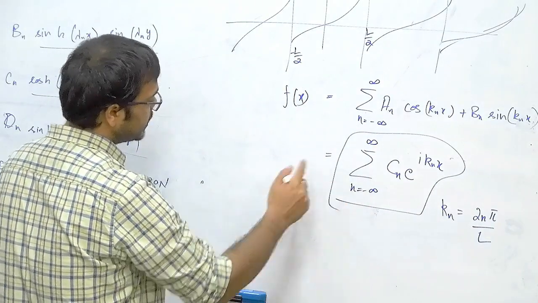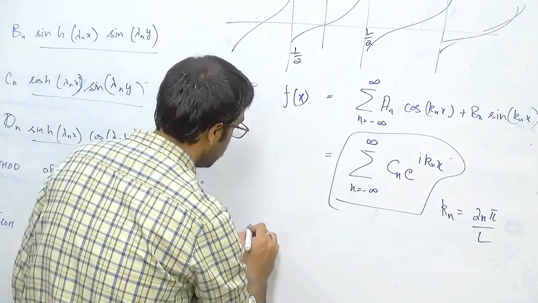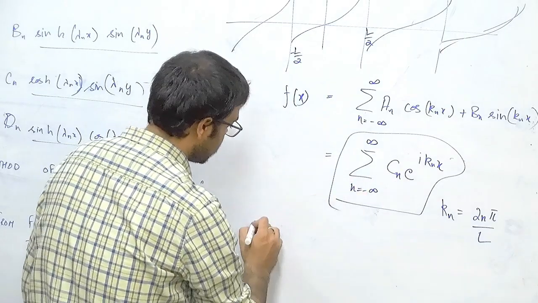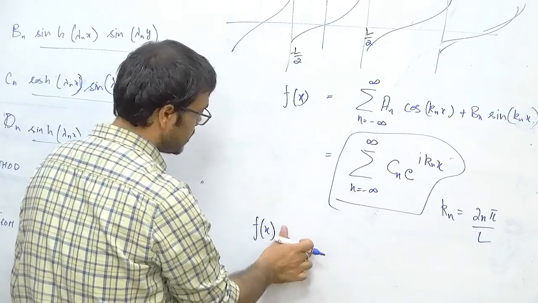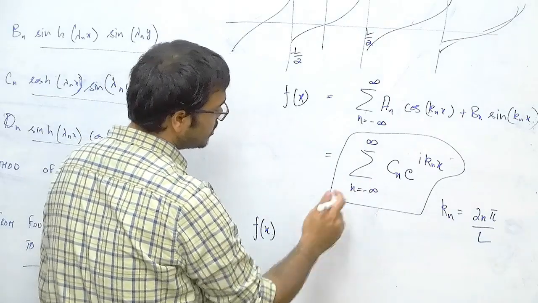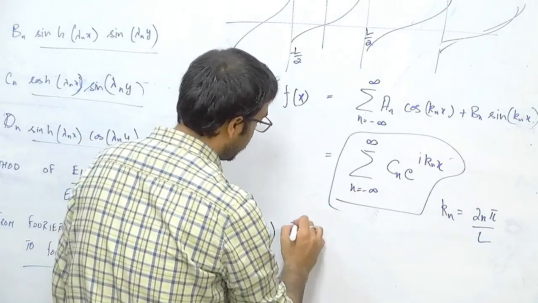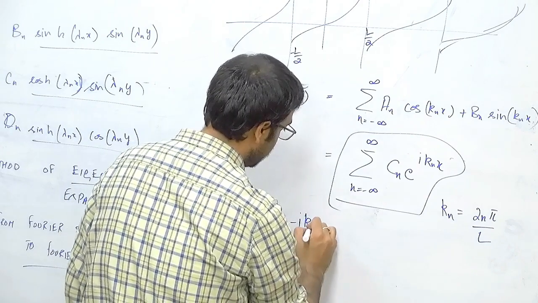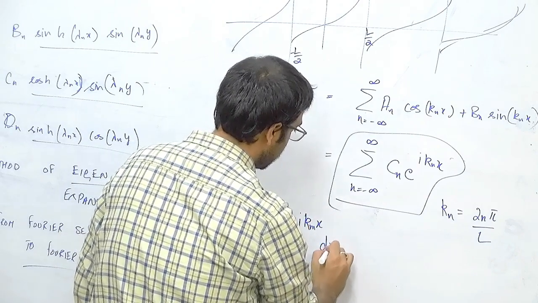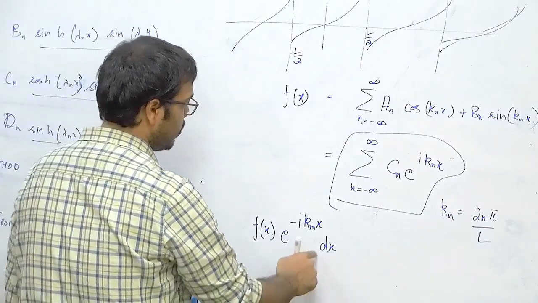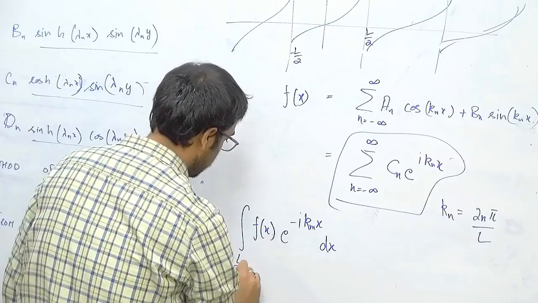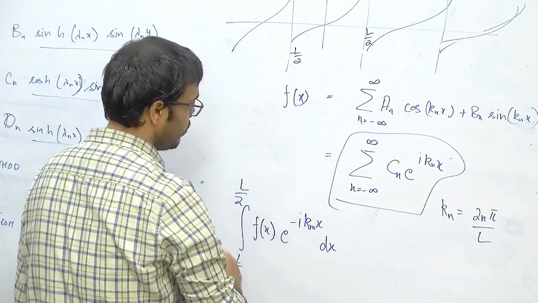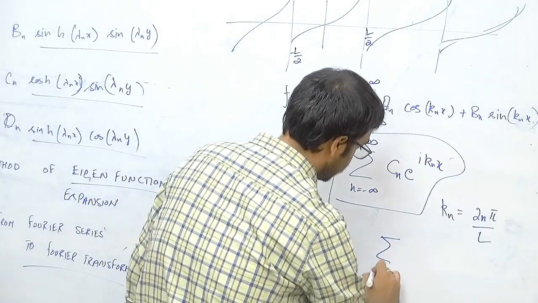Now, once I write this as a Fourier series, how do we determine these Cn's? We will again use the same concept. I will multiply it with e to the power minus i km x, and I will integrate it over the whole x domain, which is, let us say, minus L by 2 to L by 2.